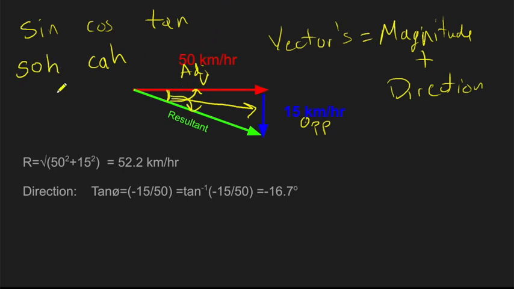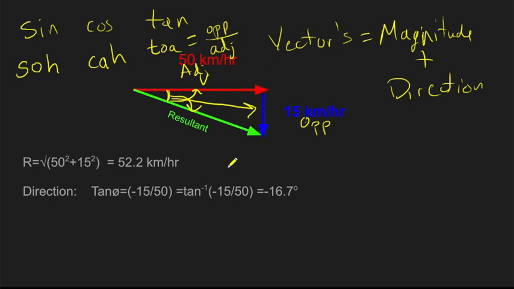If I want to find that angle, I can use sine if I know the opposite and the hypotenuse, cosine if I know the adjacent and the hypotenuse, or I can use tangent, TOA, where you have the opposite over adjacent. In this case, since both of those are the numbers given to me and I didn't do any math with them, I chose to use tangent.